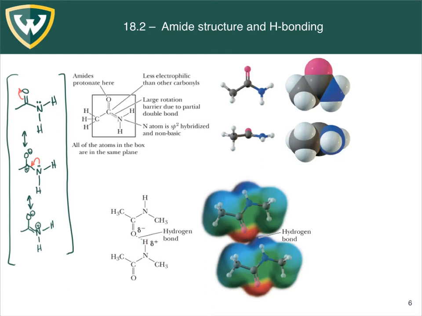You can see the hydrogen bond in this charge density profile here. And this kind of interaction is really what drives the structure of proteins and other amino acid composed structures.